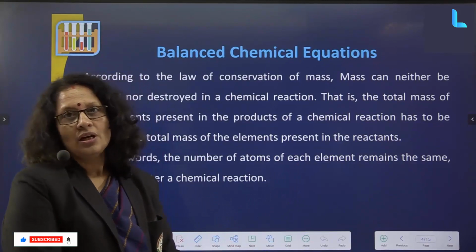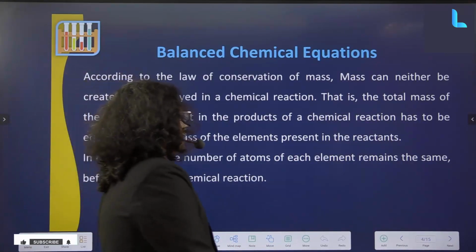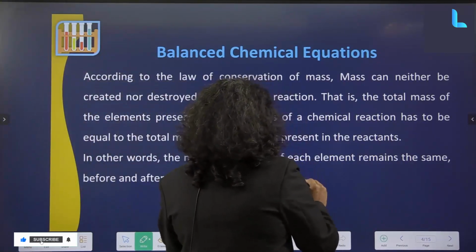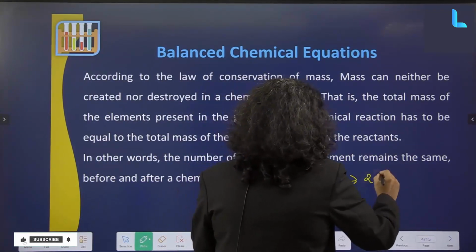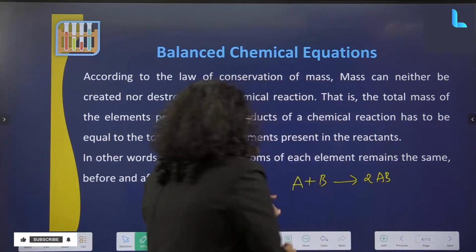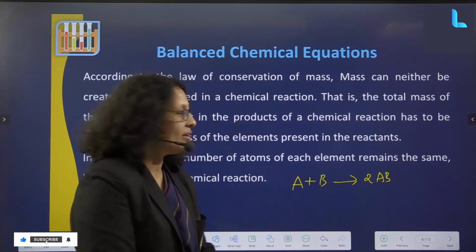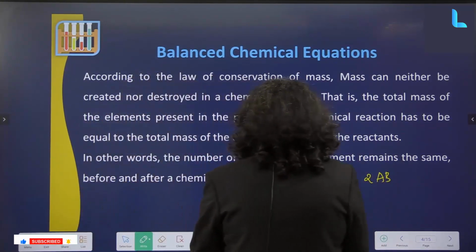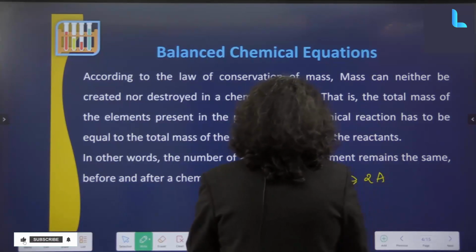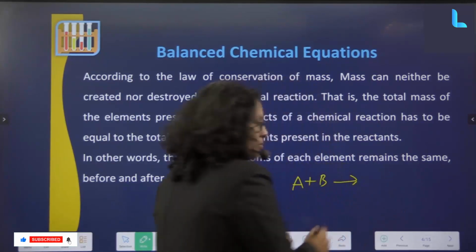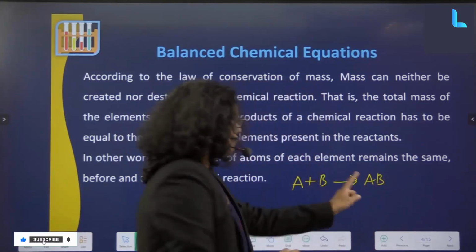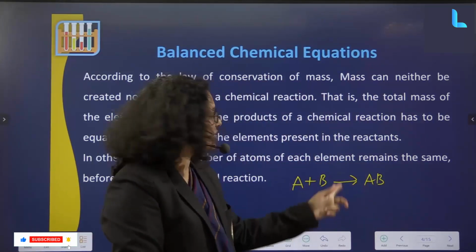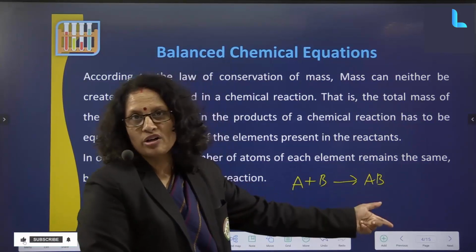For example, if we say A plus B gives AB. So there is one atom of A on the left hand side, the reactant side, as well as one atom of A on the product side.